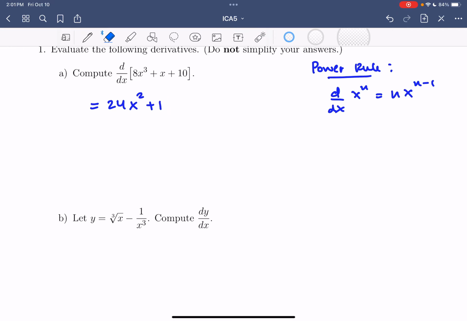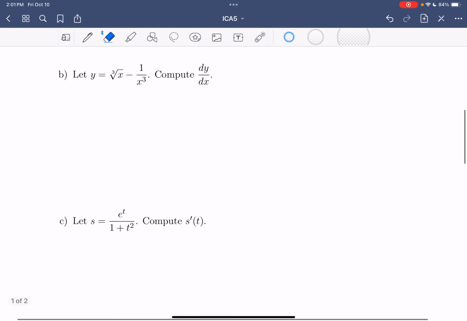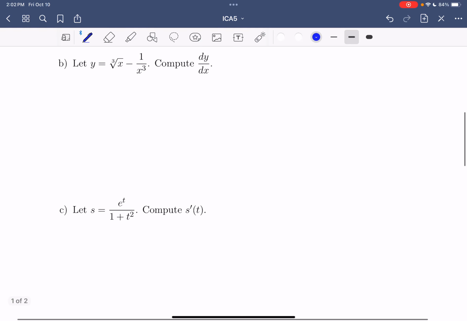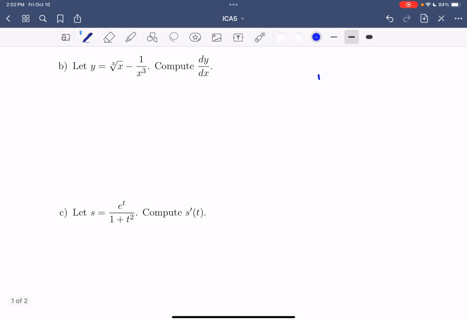Okay. Now for the second problem, the first thing I'm going to do is rewrite y so that it makes sense and I can apply the power rule. Let me remind you one more time that if you have the mth root of x to the n, this is the same as x to the n over m. So the exponent goes on top, and this tells you what root you're taking, okay?